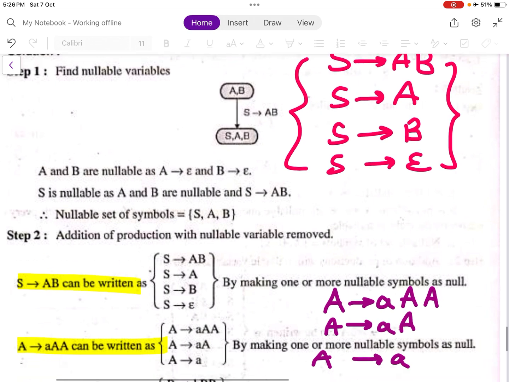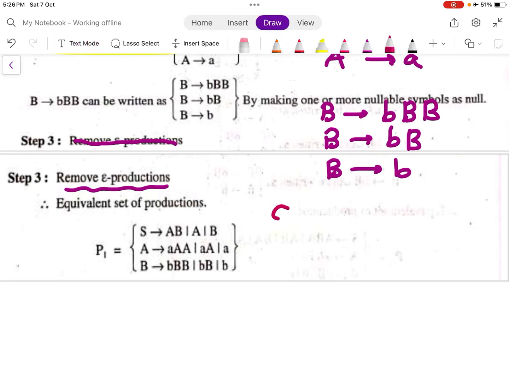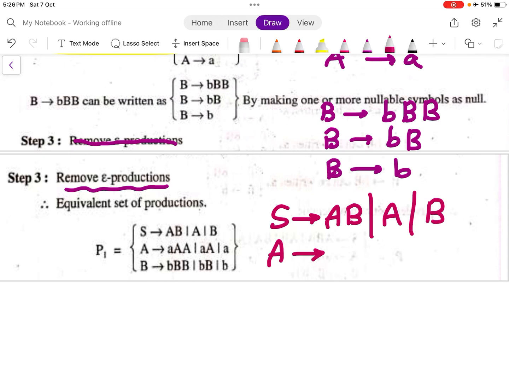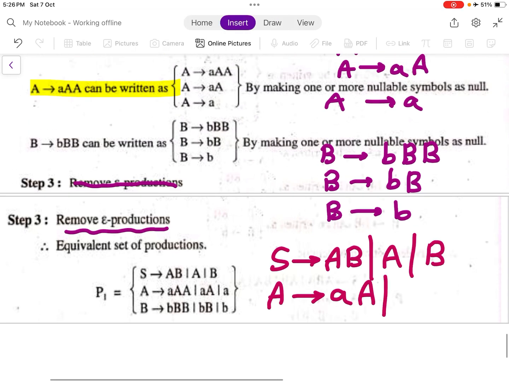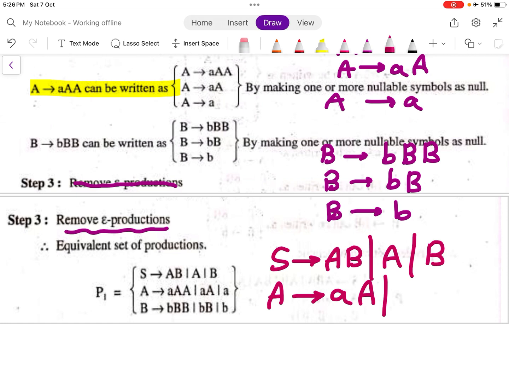For S you had AB, A and B. So for S we had AB replaced with AB, replaced with A, or replaced with B. For A we had it replaced with small a and capital A, or small a.